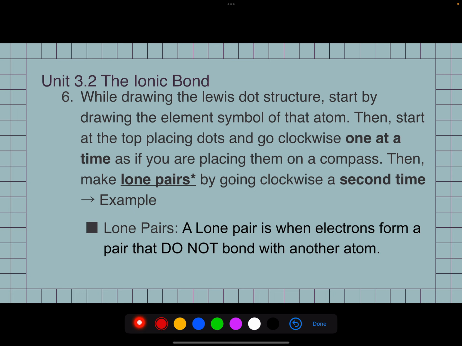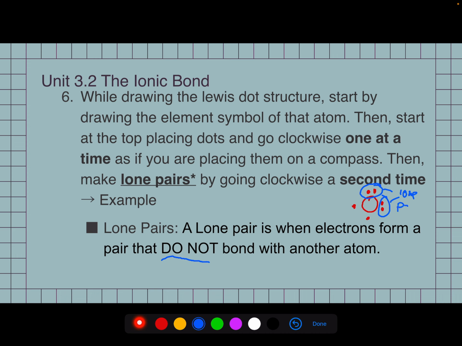A lone pair is when electrons form pairs that do not bond with another atom. The key words are do not bond with another atom. So if we had our oxygen again, with 1, 2, 3, 4, 5, and 6, these are your lone pairs of electrons.